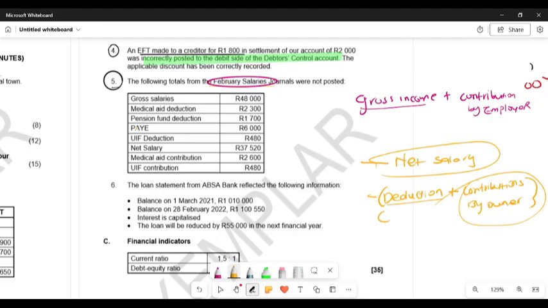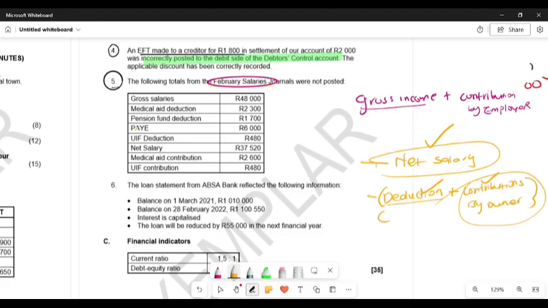For example, when you deduct medical aid, say it's compulsory for your employees to have medical aid, that amount deducted from their gross salary is not for yourself. You need to pay it over to the relevant medical aid, for example Discovery. So in a nutshell, you include your net salary, deductions, plus contributions by the employer.